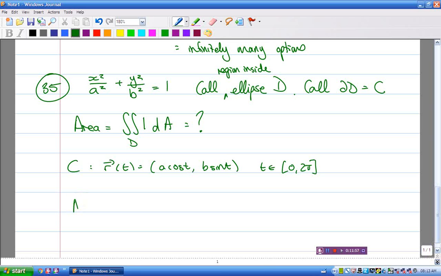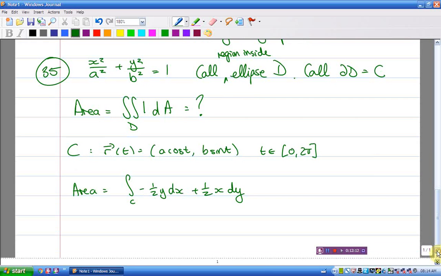Okay, so I'm going to say area is equal to the integral over C of minus a half y dx plus a half x dy, or you could use one of those other two, or you could make up one of your own. There are infinitely many options here, because there are infinitely many P's and Q's that make dQ/dx minus dP/dy equal to 1.